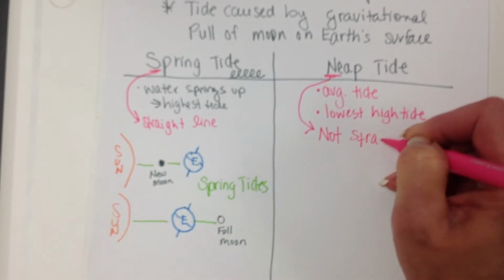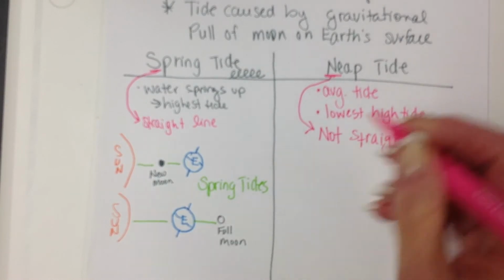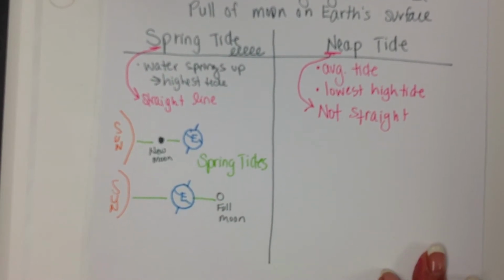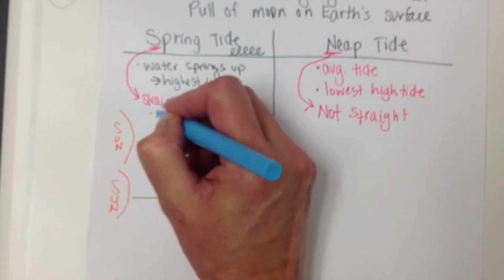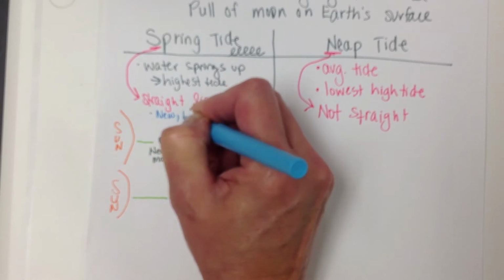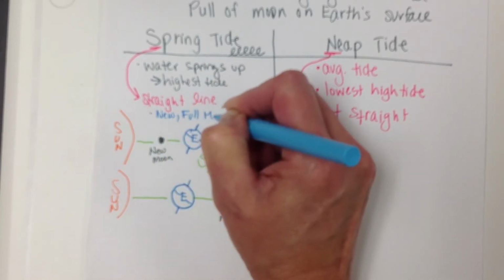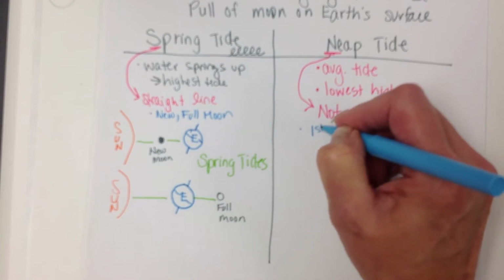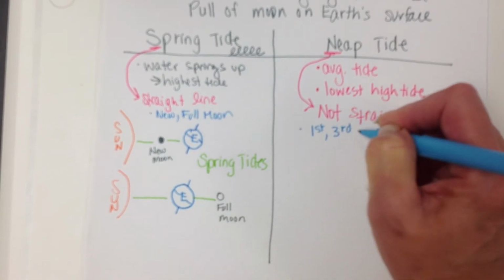So they're not going to be in alignment. Whereas the spring tide happens during new and full moon, the neap tide happens during first and third quarter moon.